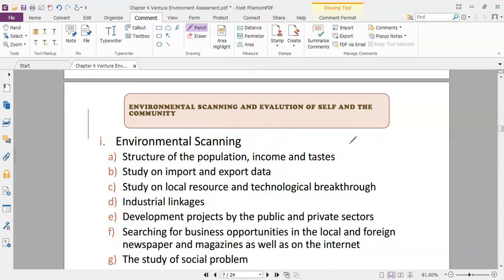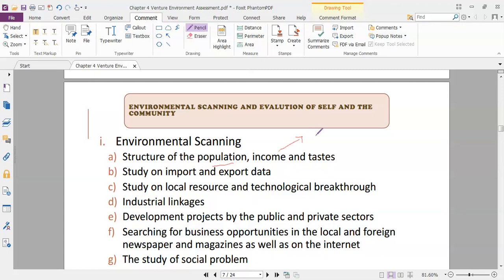How many people live in Seremban? How many people live in Port Dickson? That is the population. What is income? How much is the income?